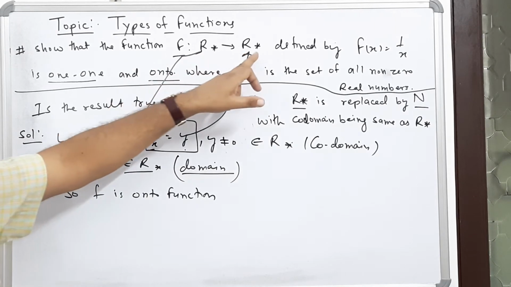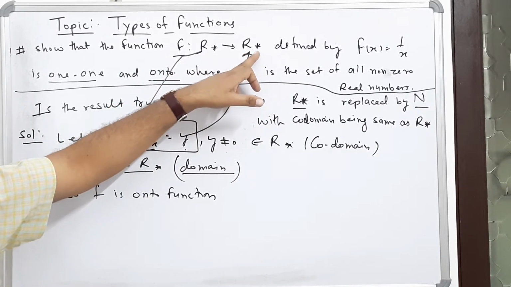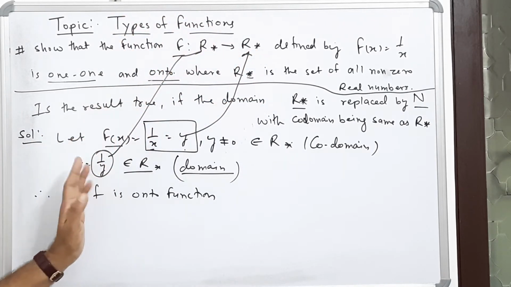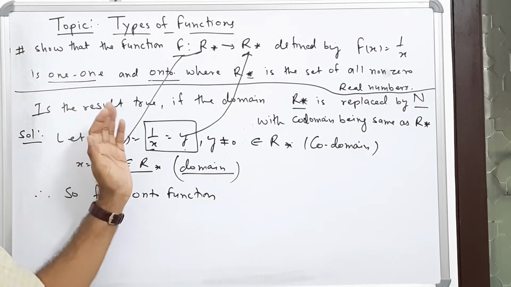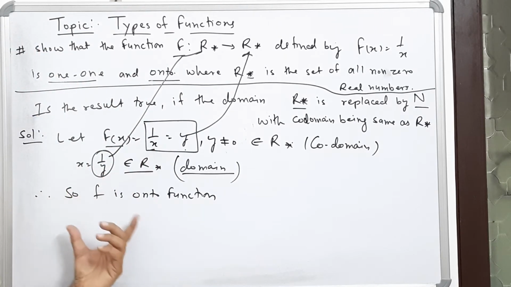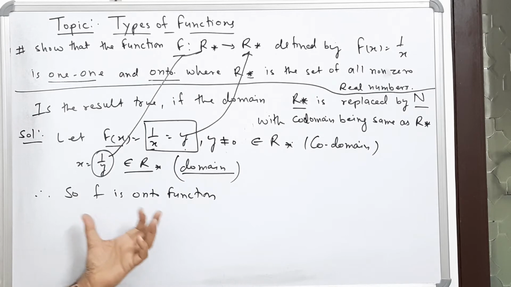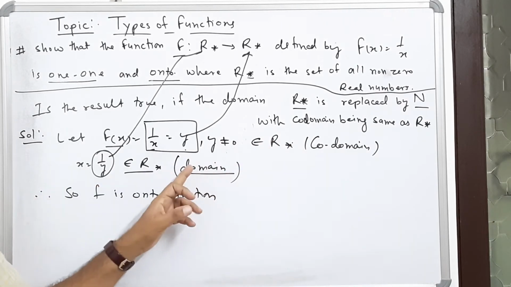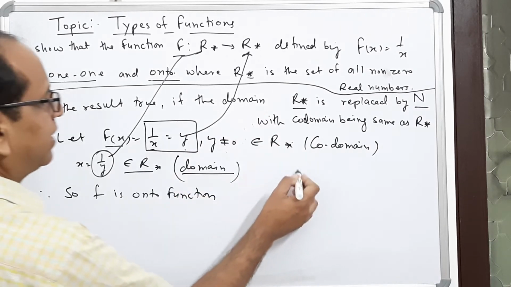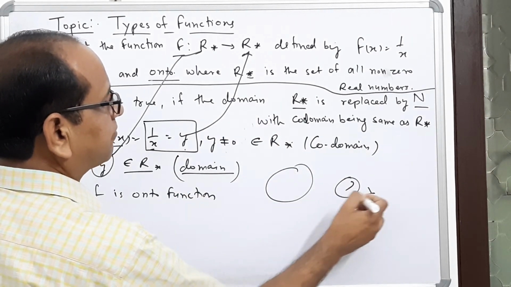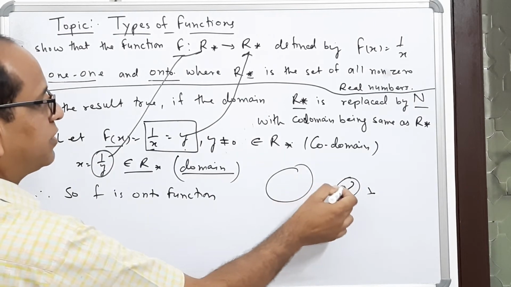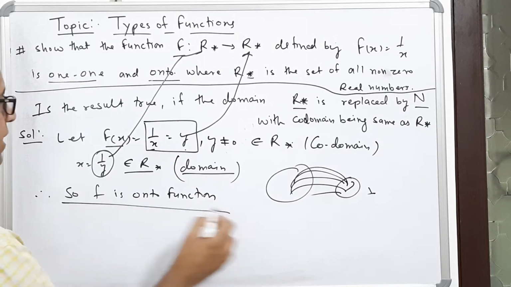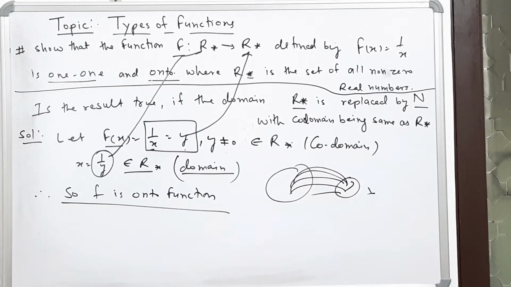That is, all the elements of the codomain, meaning the second set, will have some partner in the first set, and that's why it is an onto function. Onto function means every element of the codomain must be attended, and no element will be left unattended in the second set. All the elements will have their pre-image here. So in that case we say that it is an onto function.